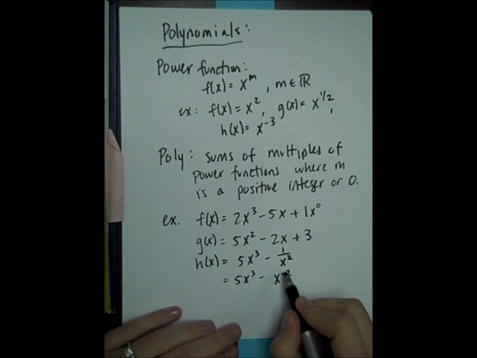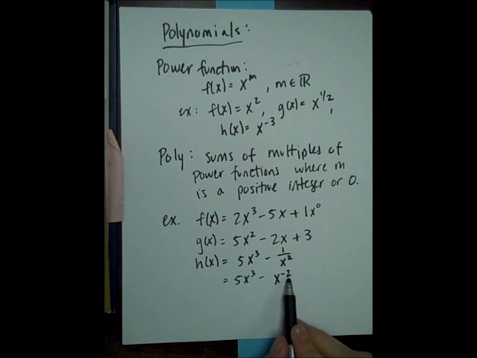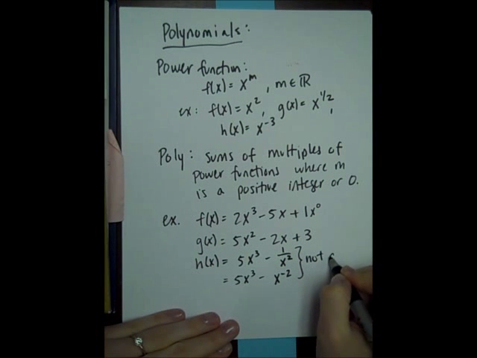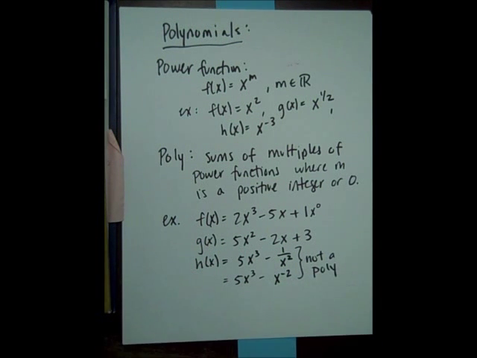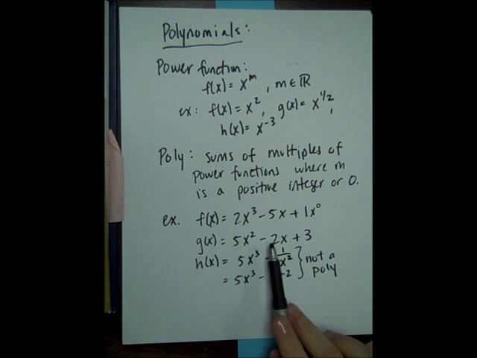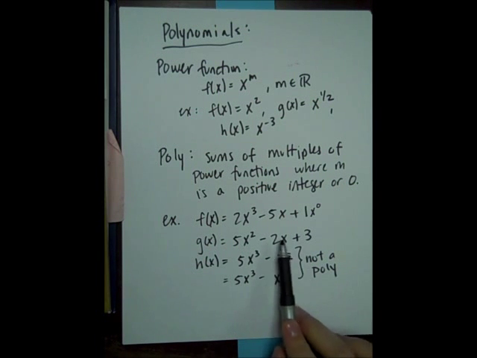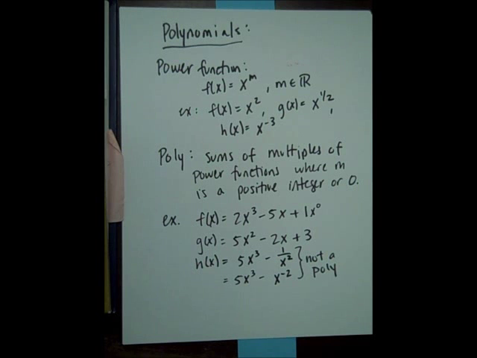So this is really x to the -2. Now we see this is not a positive integer, so this is not a polynomial. So anytime we're talking about polynomials, we need to have coefficients, so any number in front of the power functions, and we're adding them together. All the exponents have to be positive or 0.